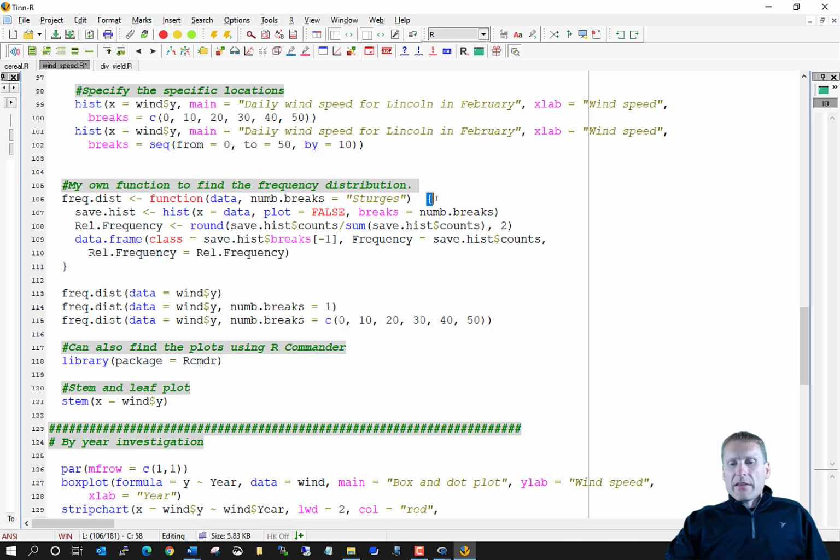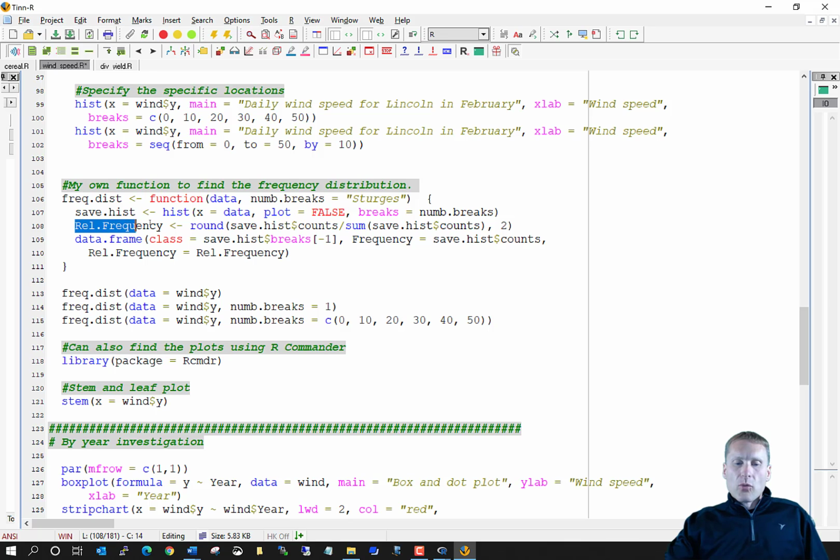Okay, then I use a left curly bracket to say, okay, here comes the main part of my function. And I'm going to use a lot of the code that we just saw. Save.hist, what I'm saving into it is the results from the hist function. Notice for breaks here, this is where num.breaks comes in. This could be a number or it could be, again, the default value.